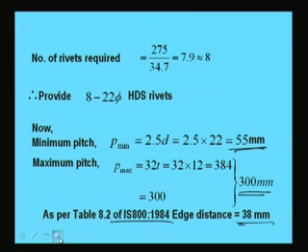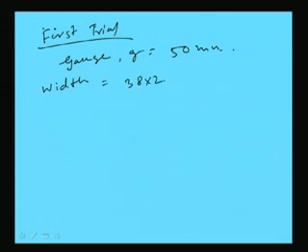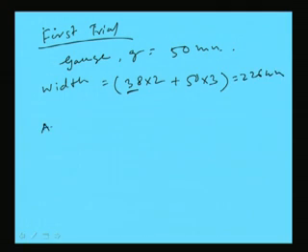Now we have to configure this through pitch and edge, so we go through some trials. For the first trial, let us take the gauge distance as 50 mm. Then the width of the plate will be 38 into 2, the edge distance on two sides, plus 50 into 3, because the total number of rivets is 8, so 3 gaps will be there. This will become 226 millimeter.